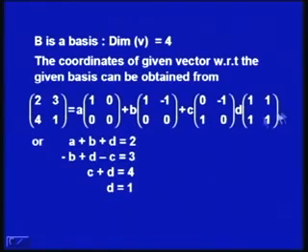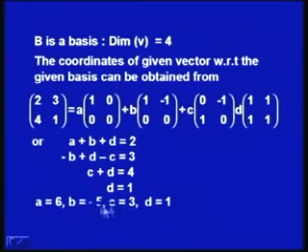So, if we solve it, the first equation is A plus B plus D equal to 2, then the second is minus B plus D minus C equals 3, then C plus D equal to 4, and D is equal to 1. So, these are 4 equations and they can be solved simultaneously.